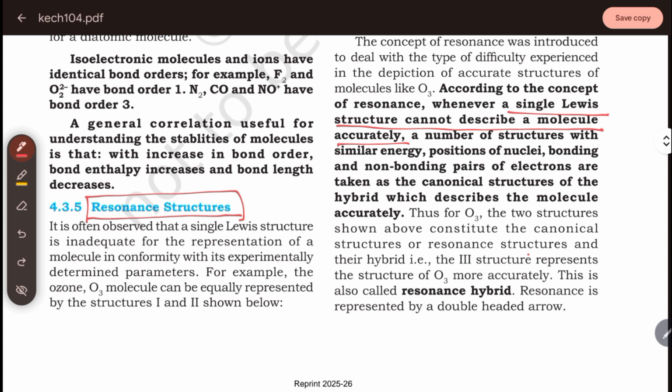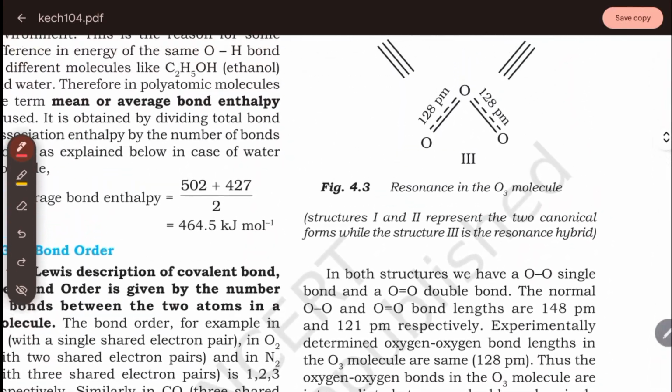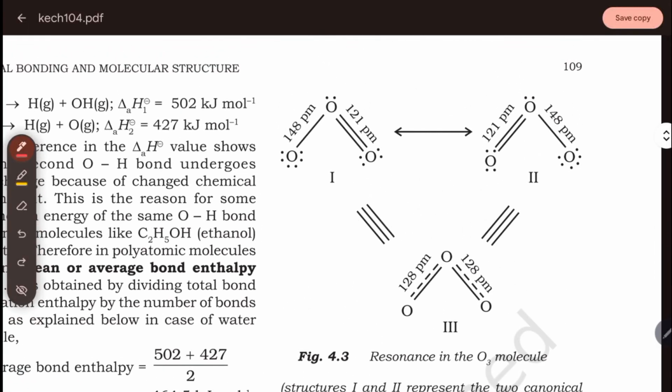Like in the case of ozone, I said that the O3 molecule has different bond lengths. Let us see over here. When an oxygen single bond was considered, the bond length is 148 picometer. For a double bond, it is 121. But this is the resonance hybrid that contains the contribution of both structures.